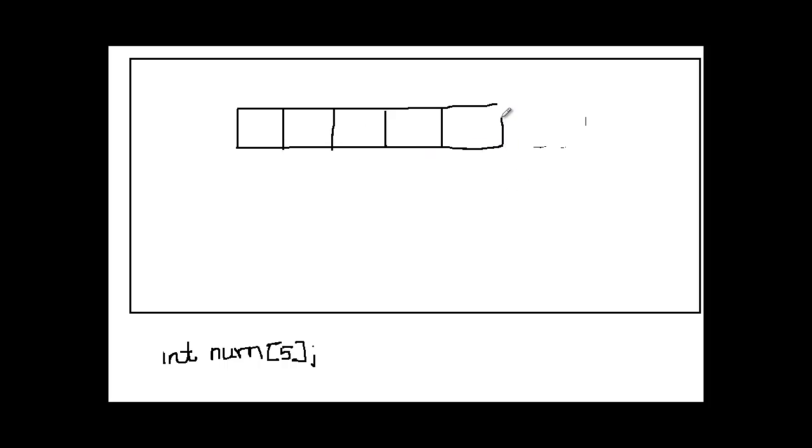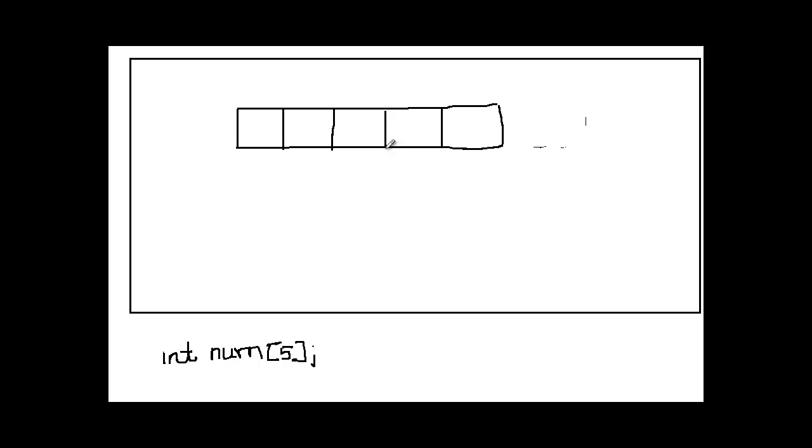Okay, these are 5 contiguous blocks: 1, 2, 3, 4, 5. This block is the first block, and in the next memory location the second block will be placed, and the third memory block will be next to, physically next to, remember, physically next to the second block.